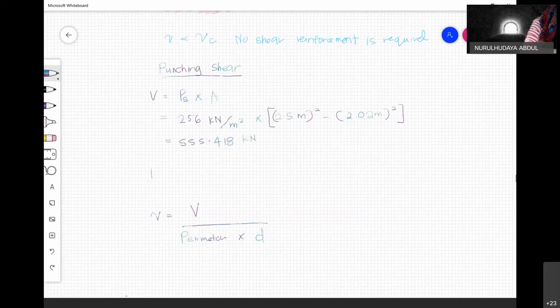Okay. So perimeter is equal to, okay, because you have like 4 sides kan, yang panjang dia sama, which is 20 tadi tu, so you darab je lah dengan height.